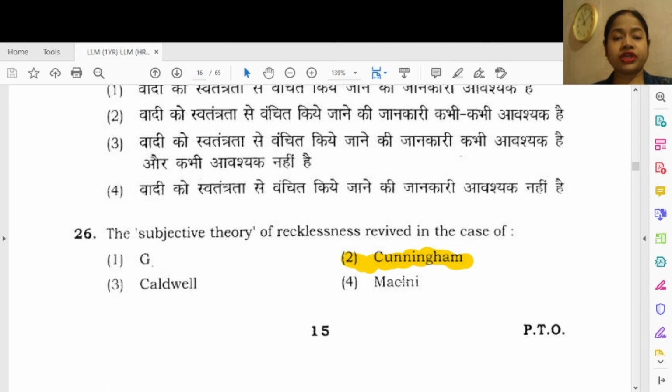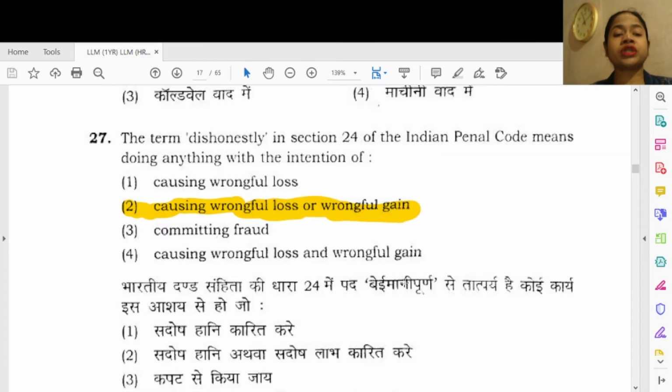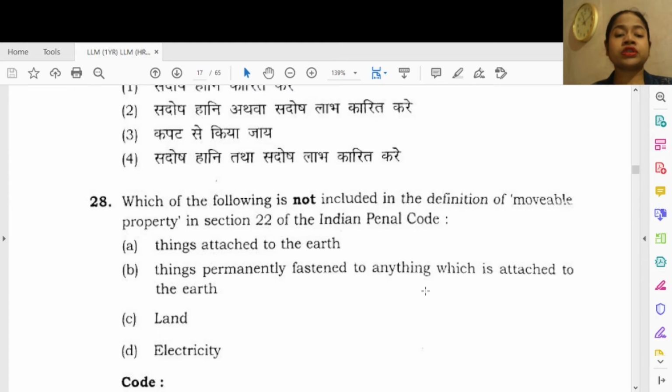Question number 26. The subjective theory of recklessness was actually revived in the case of option number 2, Cunningham. Question number 27. The term dishonestly in section 24 of the Indian Penal Code means doing anything with the intention of option number 2, causing wrongful loss or wrongful gain. Question number 28.